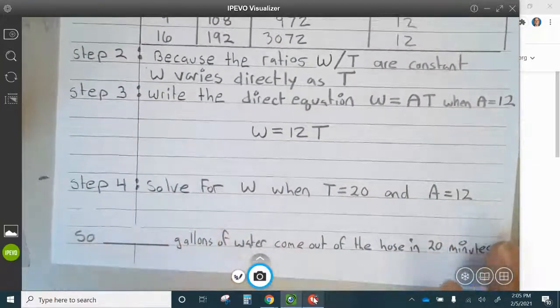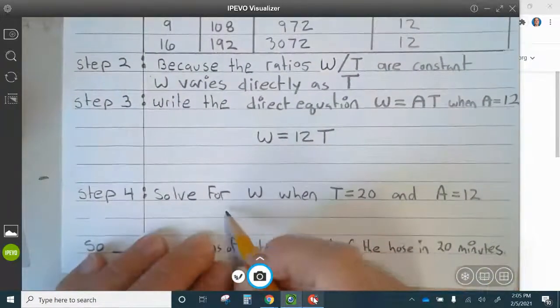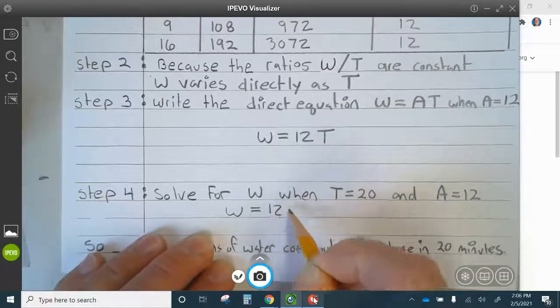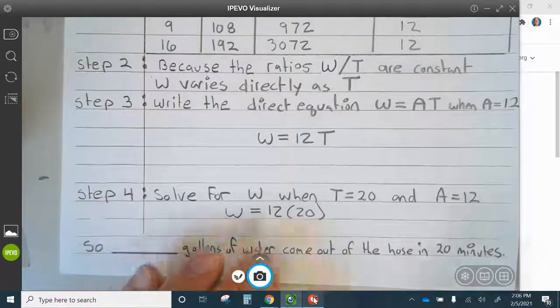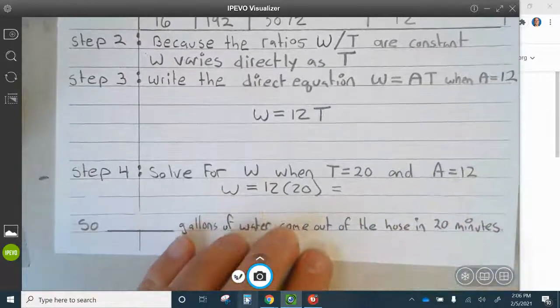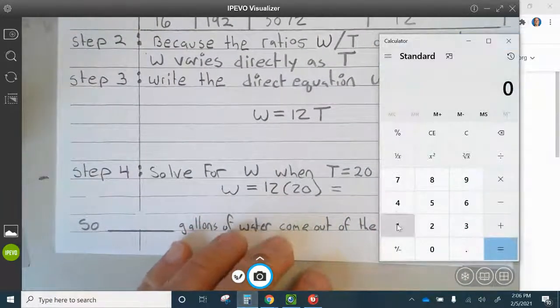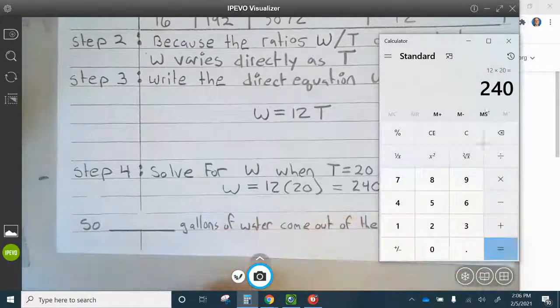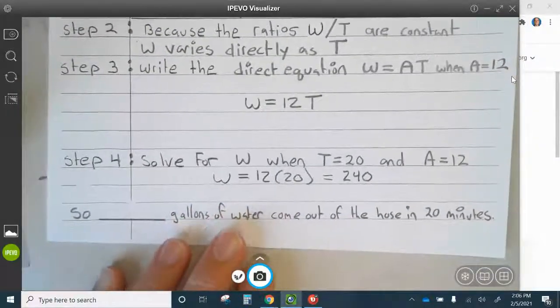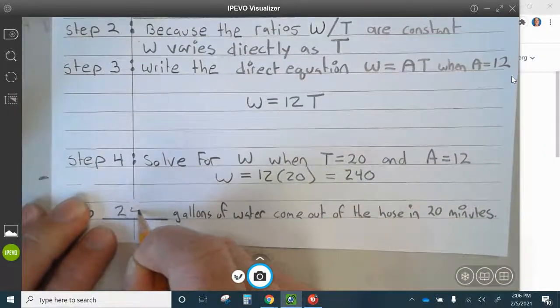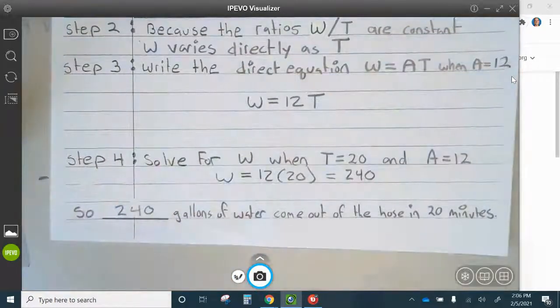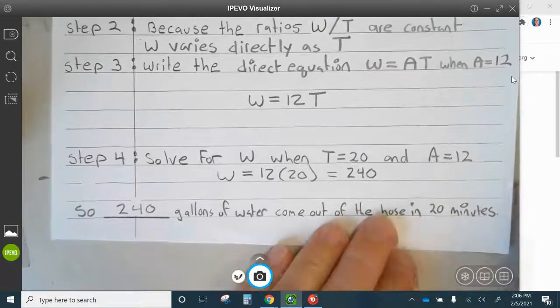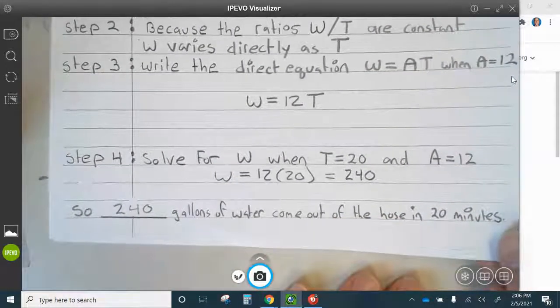Solve for W when T equals 20 and A equals 12. So W equals 12 times 20, and that's just a basic calculator. So 12 times 20 is 240. So 240 gallons of water come out of the hose in 20 minutes. Okay, go ahead and finish up that question.